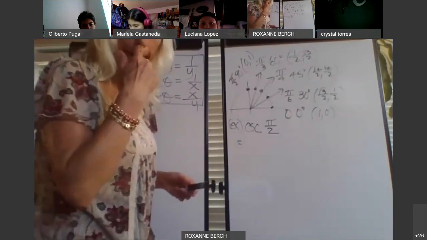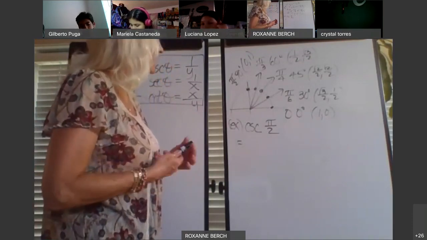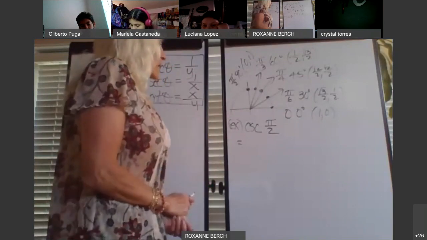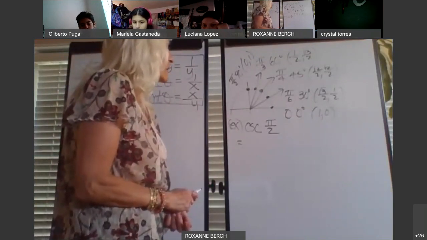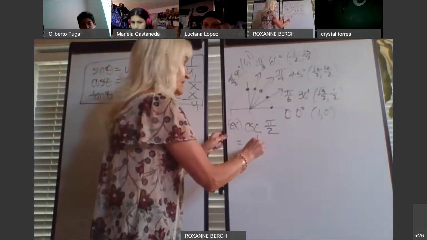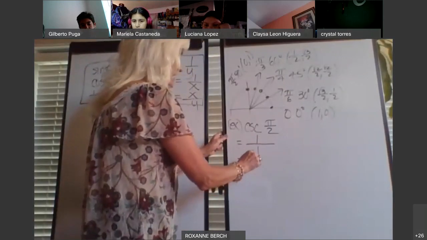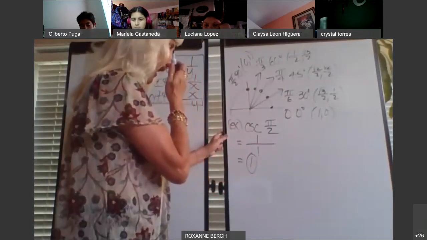What do you write? 1 over 1. Okay. So your final answer is 1.